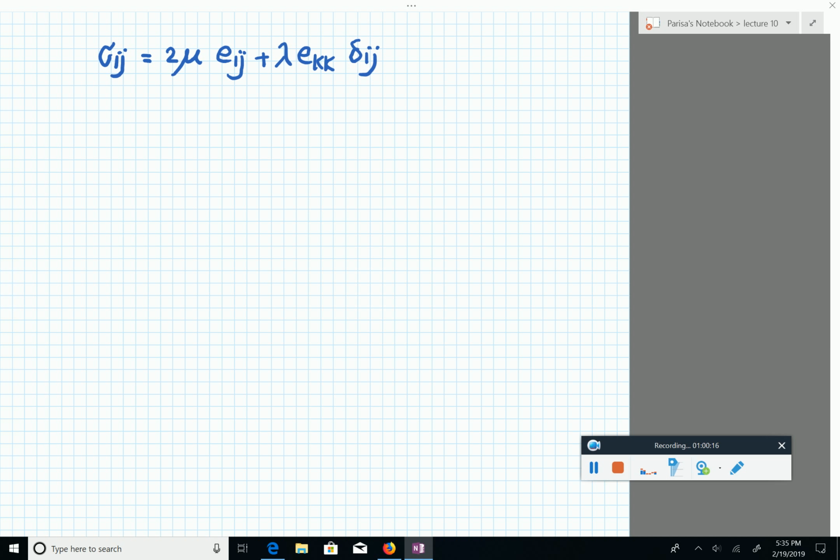So this is for linear elastic isotropic homogeneous material, right? Where mu and lambda are called Lamé constants.